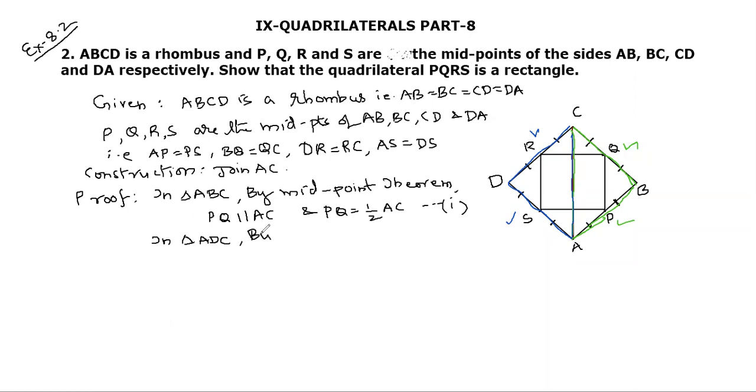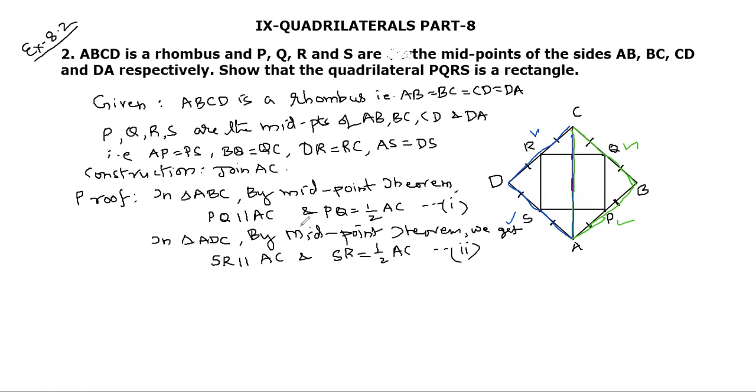By the midpoint theorem, we get, now SR, you can take SR because you took PQ. So SR is parallel to AC and SR is also equal to half of AC, because of the midpoint theorem. This is your second result.